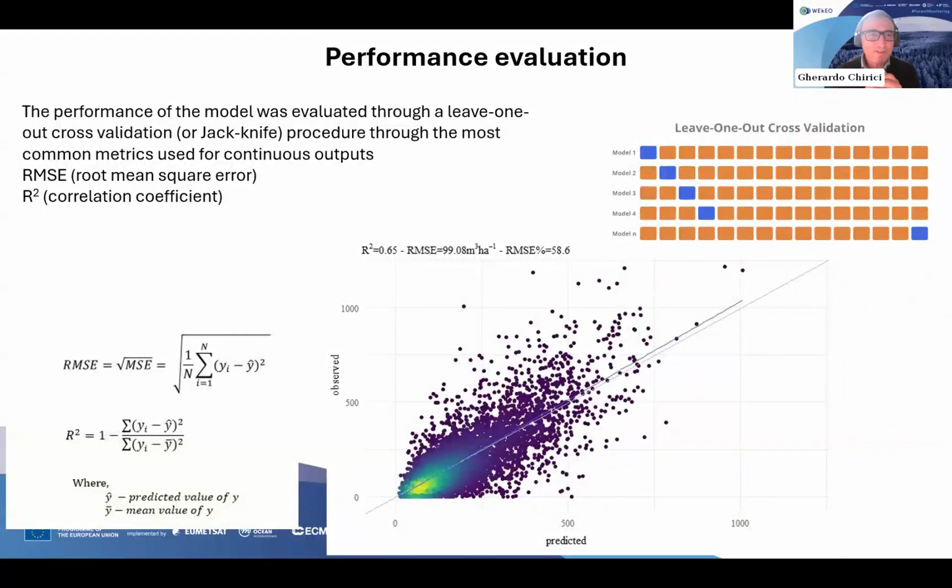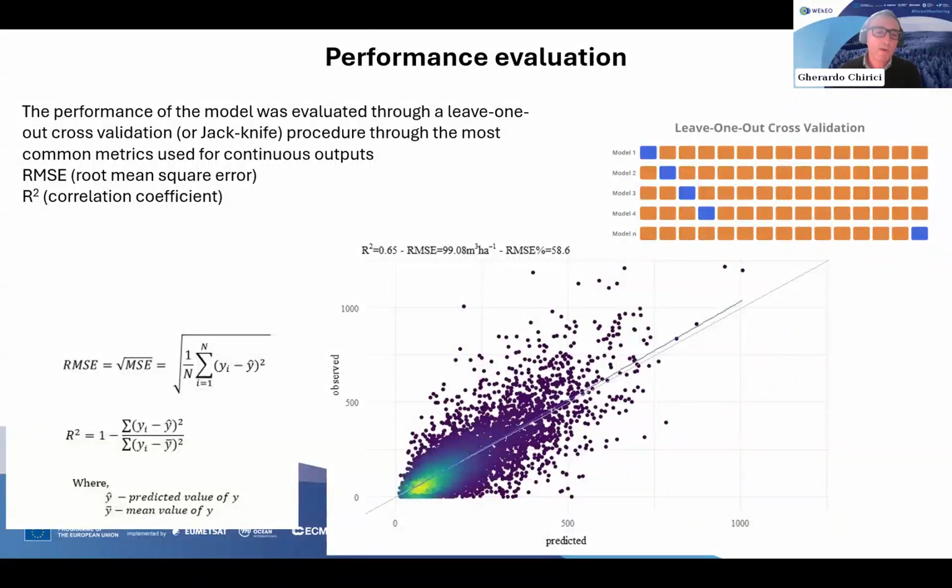Once again, we don't have the time to enter into details, but it is very important to remember that to do this operation, we cannot use exactly the same data that we used for creating the model, but we need some kind of procedure for splitting the data. So this is very important.